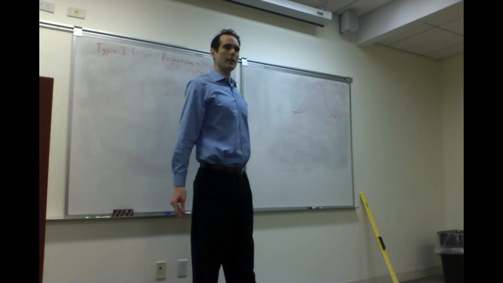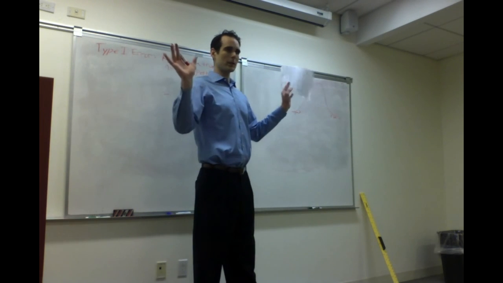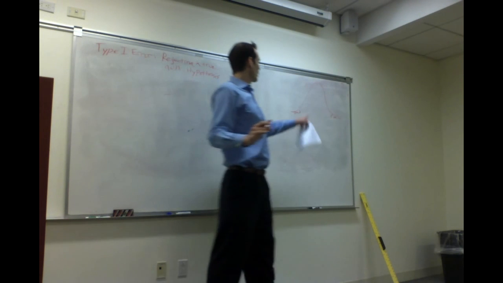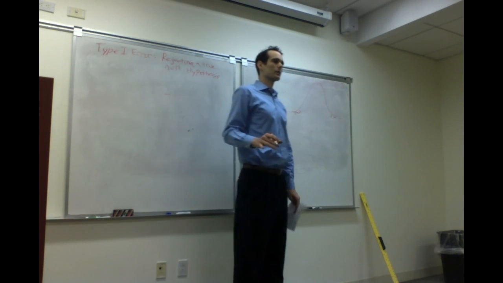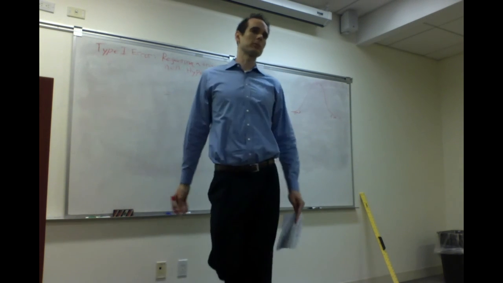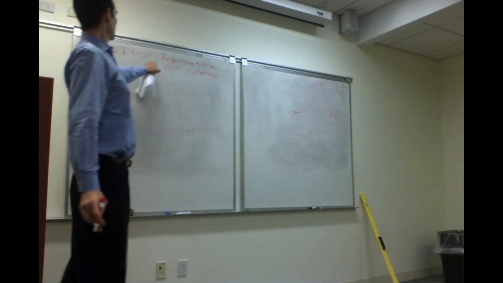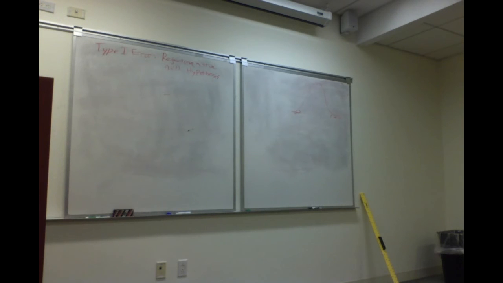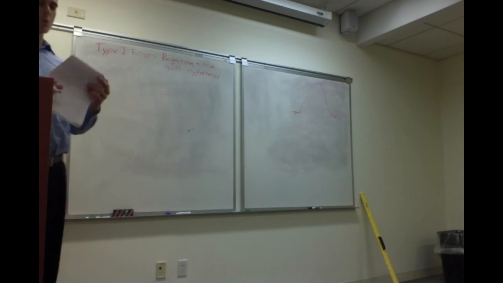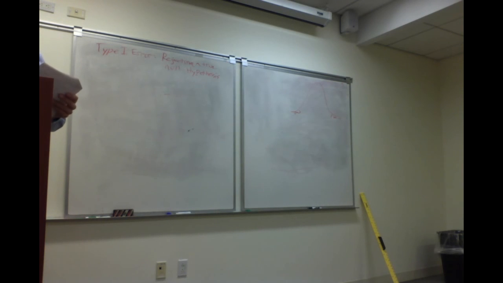You know, if what the supplier says, if what the realtor says is true, we can have extreme results a certain percentage of the time. And we have to live with that. We have to live with the possibility of making that error, which is called a type 1 error, where we reject a true null hypothesis.